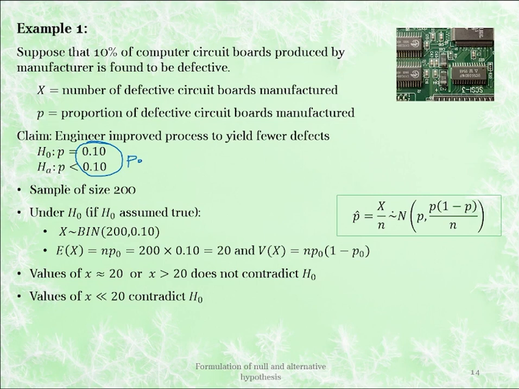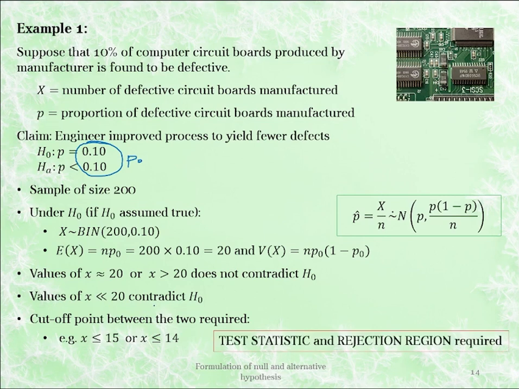It supports the alternative. Now, that means that we need a cutoff point. So we need to decide how much smaller than 20 this value of x must be for us to say that, okay, the null has been contradicted. So should it be 15? Should it be 14? Do we just pick a number out of thin blue air? How do we decide on this?